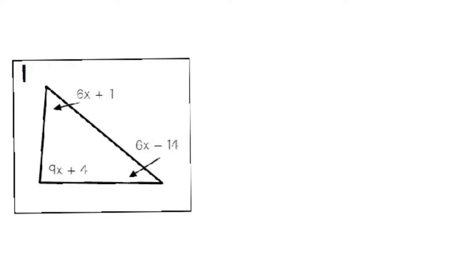Let's take a look. So we have a triangle, and there are 3 interior angles, but we don't know their measure. We want to find out what is the measure of angle A, angle B, and angle C. So the first thing we need to do is solve for x.